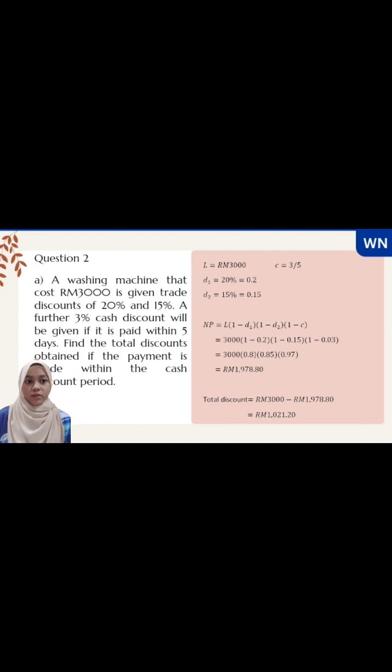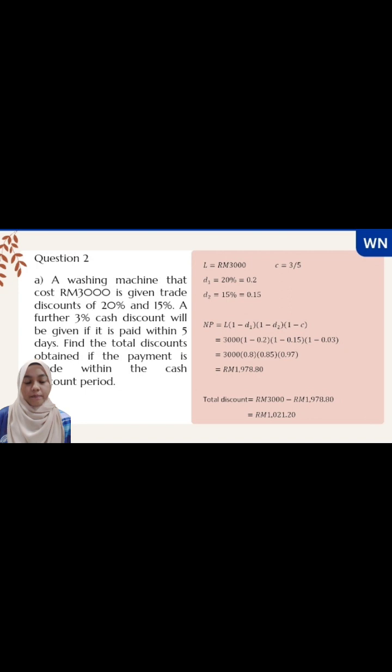So, L equals RM 3000, D1 is 20% equals 0.2, D2 is 15% equals 0.15, and the cash discount is 3/5.